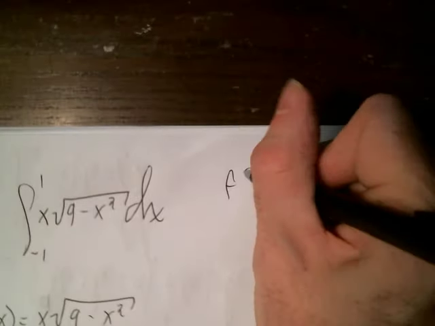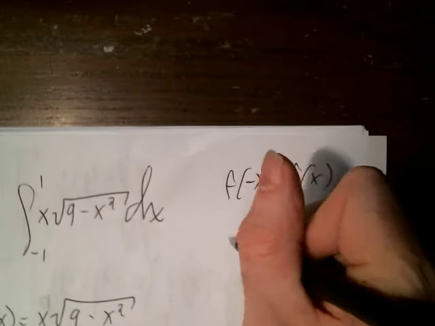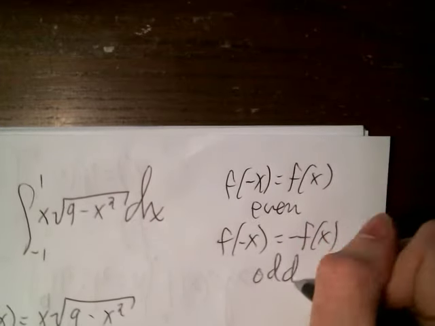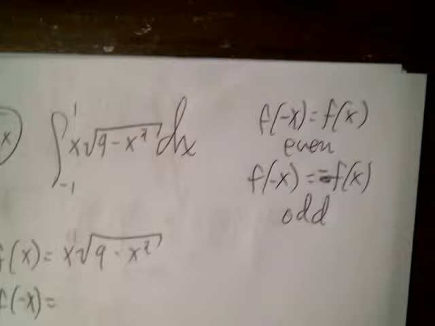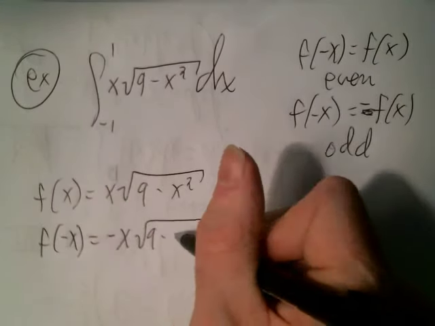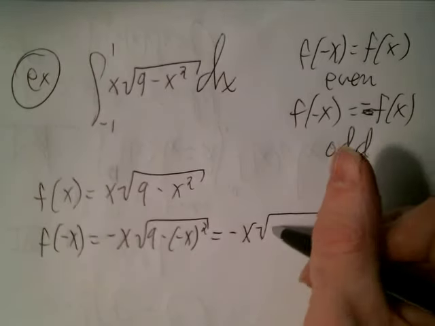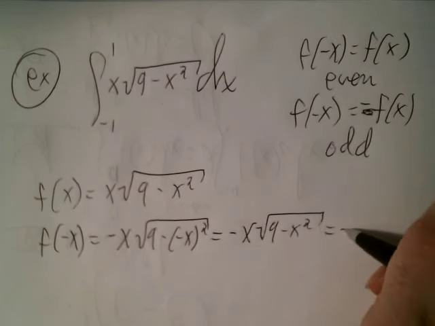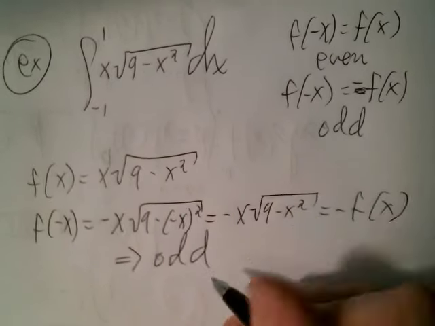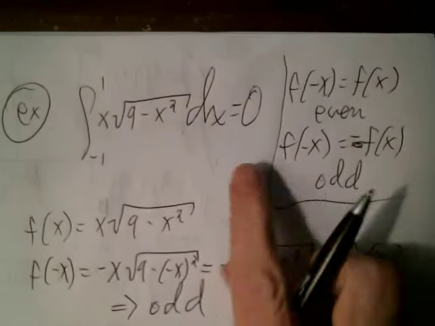So remember these rules: f of negative x equaling f of x means it's even. F of negative x equaling negative f of x means it's odd. If you plug negative x in here, you get negative x square root of 9 minus negative x squared, which equals negative x times the square root of 9 minus x squared, which is negative f of x, which implies it's odd. You need not do the u substitution because that automatically implies the integral is equal to 0.